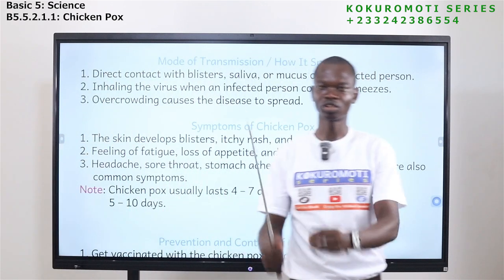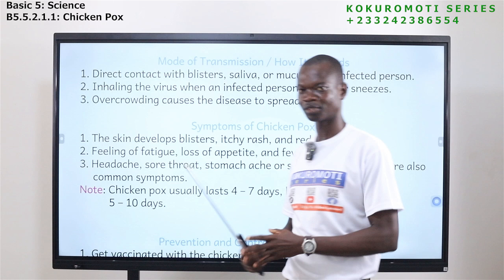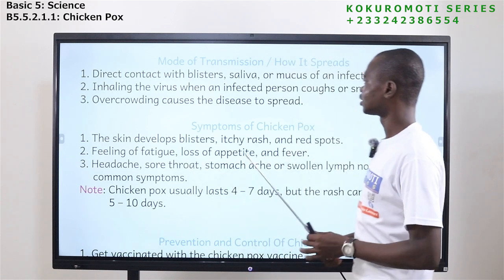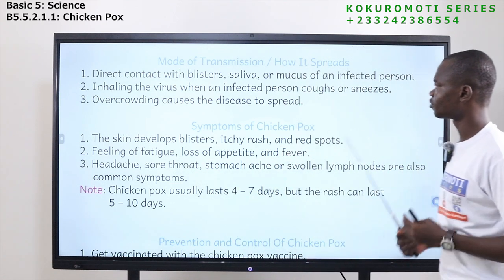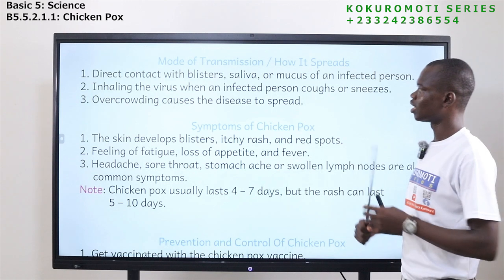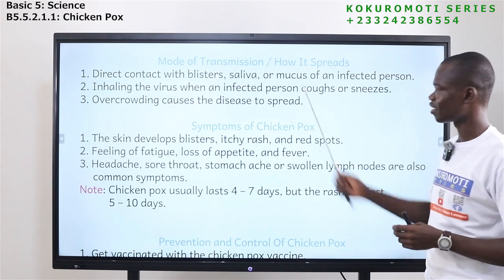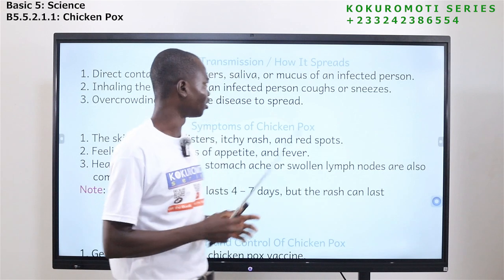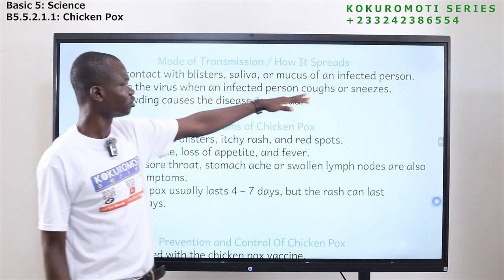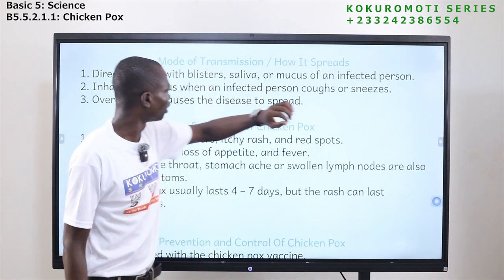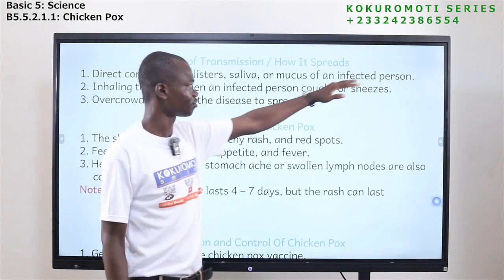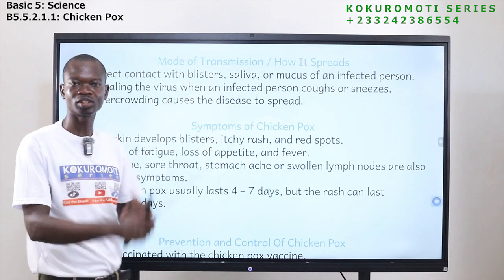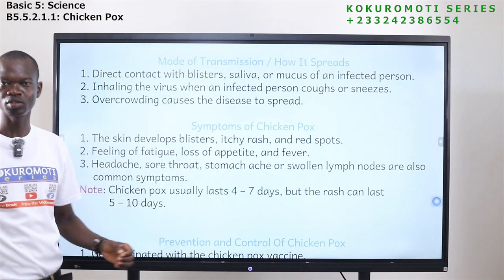Those suffering from chickenpox have blisters on their skin, saliva, the thing that we spit out, and mucus. So if you have contact with all these, you also have the disease.